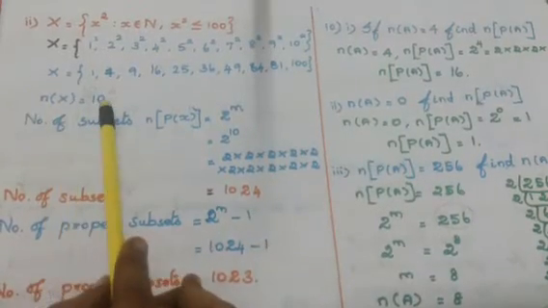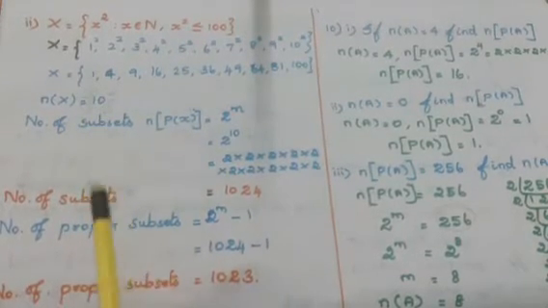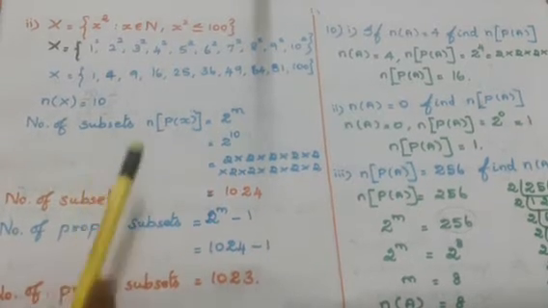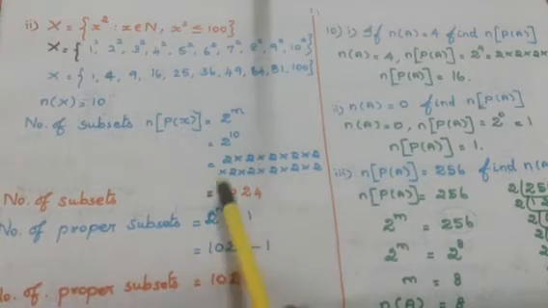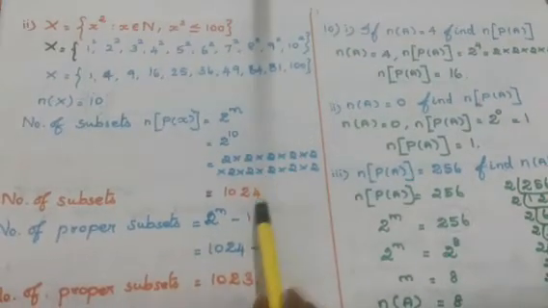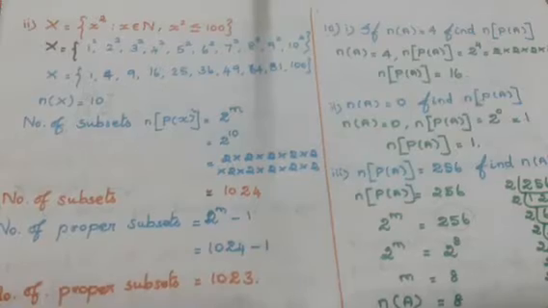Now n of x is equal to 10. Here it is asking the number of subsets. So for the number of subsets, what is the formula? 2 power m. So 2 power 10. 2 power 10 means we multiply 2 ten times, 2 into 2 into 2 continuously 10 times.